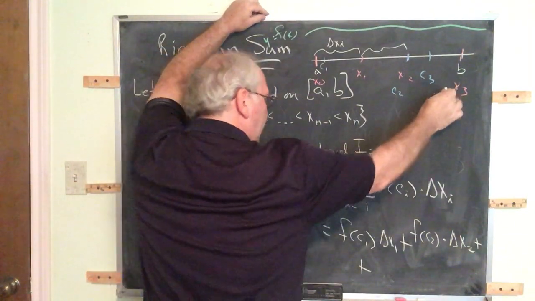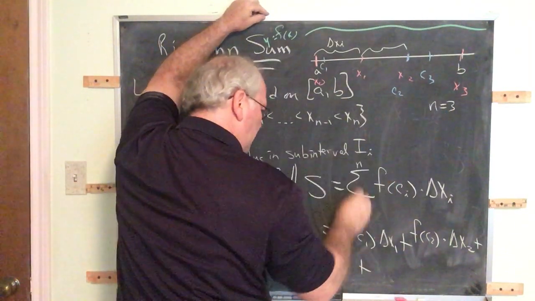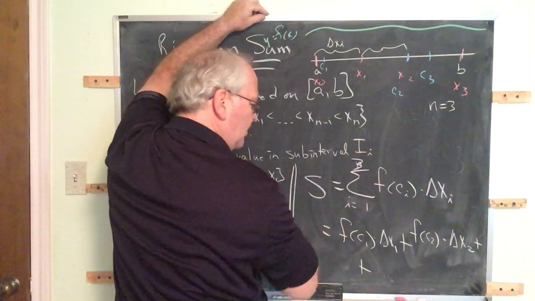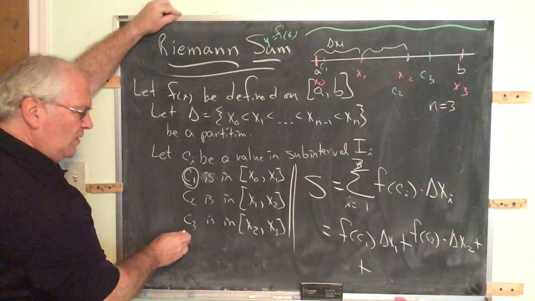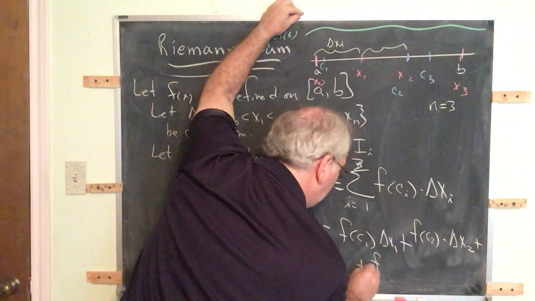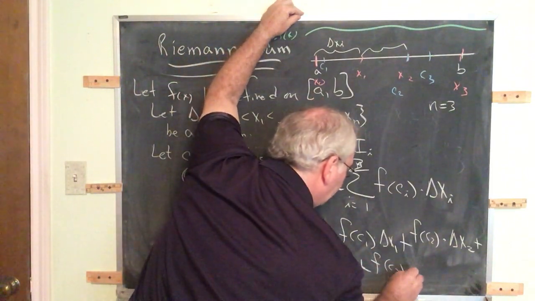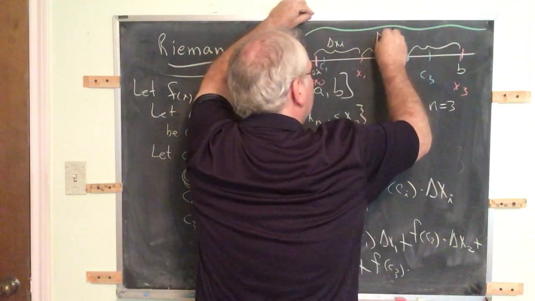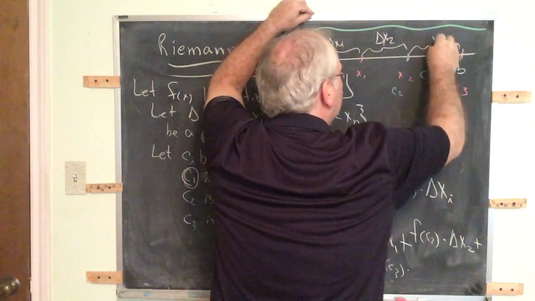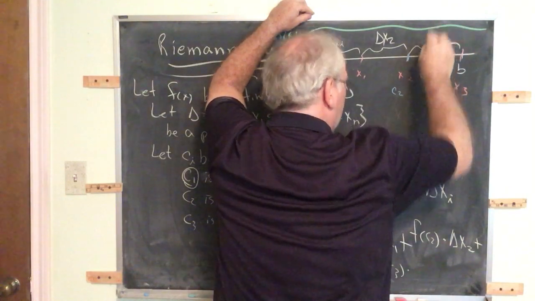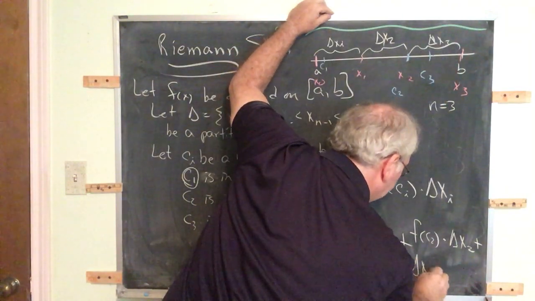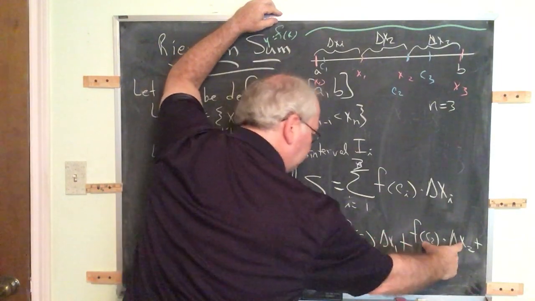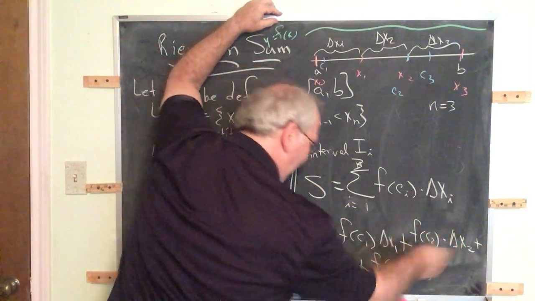So the sum goes from I equals 1 to 3. I take C number 3, F of C number 3, and multiply it by the width of this subinterval, delta x3. Compute, multiply, compute, multiply, compute, multiply. Add them all up.